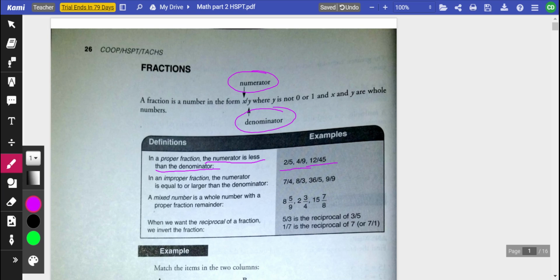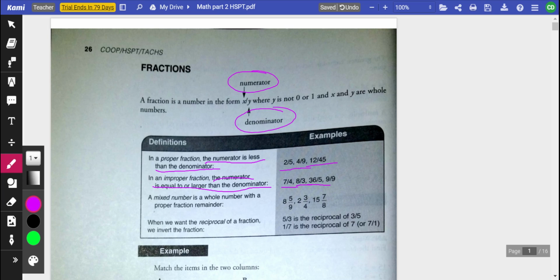Then we also have improper fractions. And improper fractions is just what it says. They're improper. It's when the numerator is equal to or larger than the denominator. In this case, they give us an example of 7 over 4, 8 over 3, 36 over 5, and 9 over 9, because this is 1, it's improper.